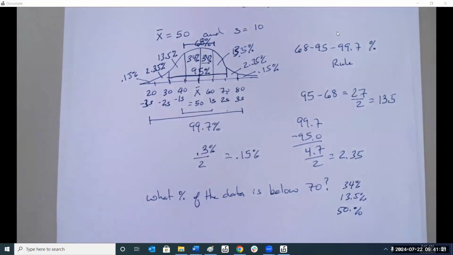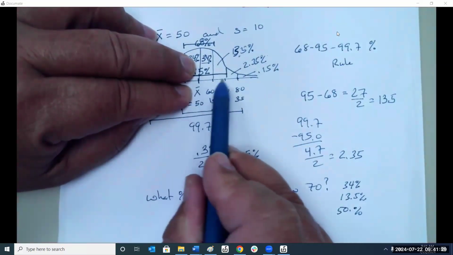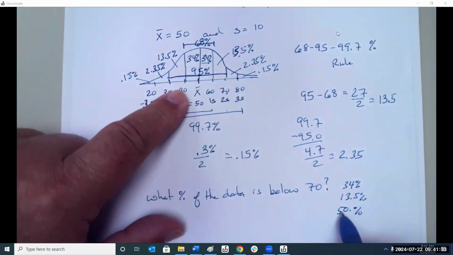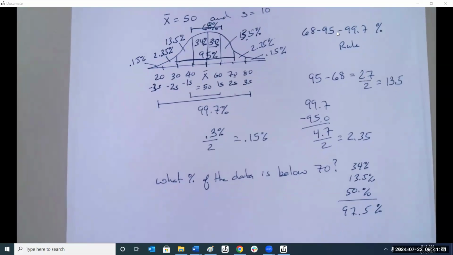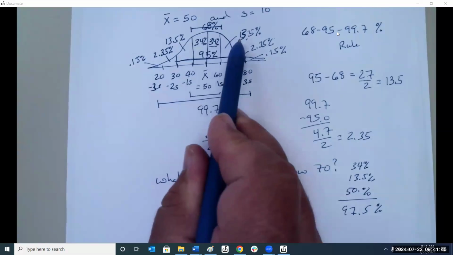Remember, half of the data is to the left of the mean, half is to the right. So for the 70, all we have to look at are the first 2 deviations to the right, because we know everything to the left of it is 50%. So 97.5% is below 70, by adding up the 50%, the 34%, and 13.5%.